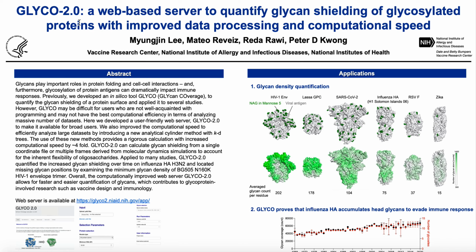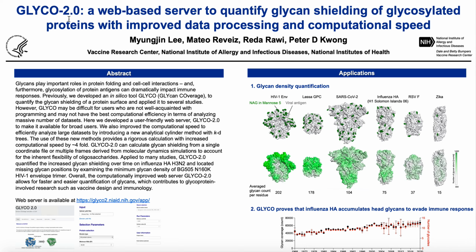So before I go into GLYCO 2.0, let me talk a little bit about the background. Previously we developed an in silico tool called GLYCO, from glycan coverage. As the name says, the GLYCO program is a tool to quantify or calculate the glycan coverage of glycoproteins.